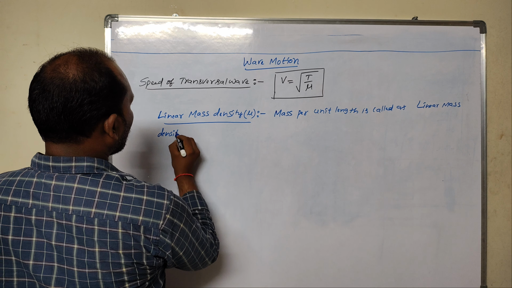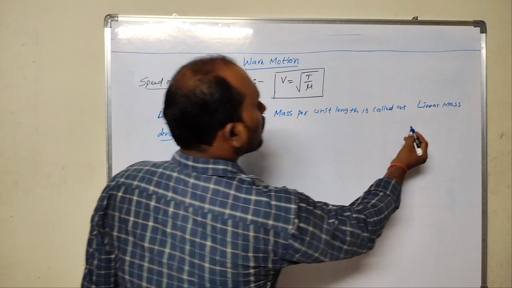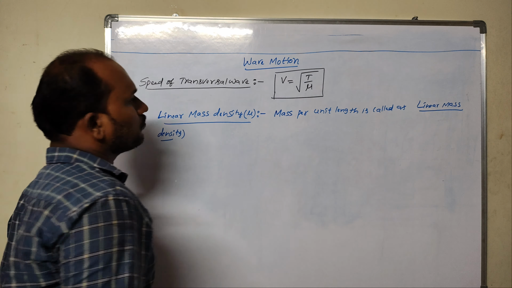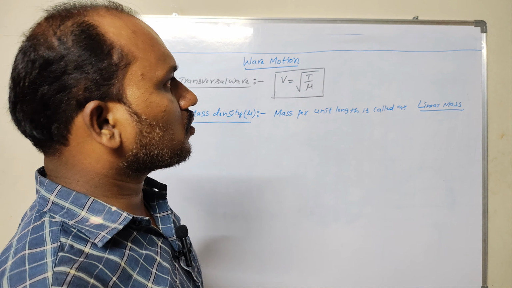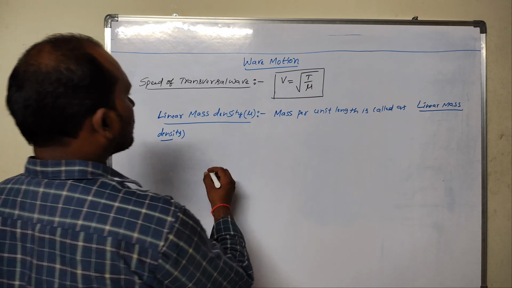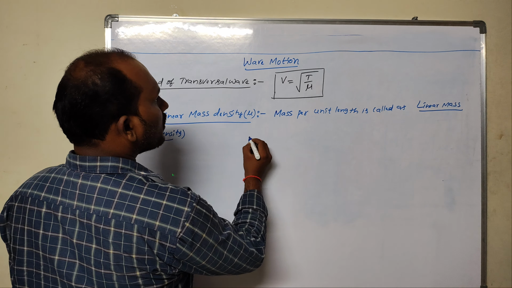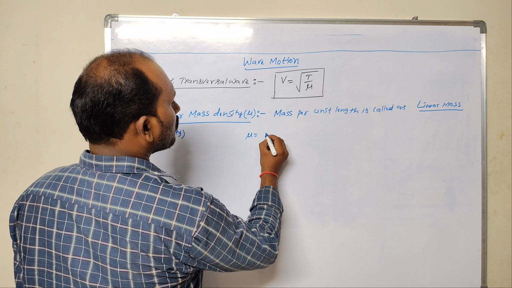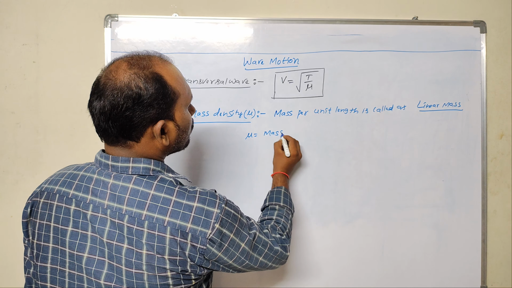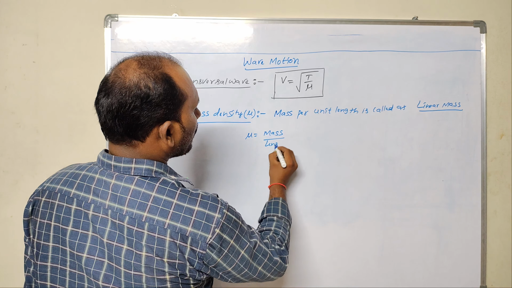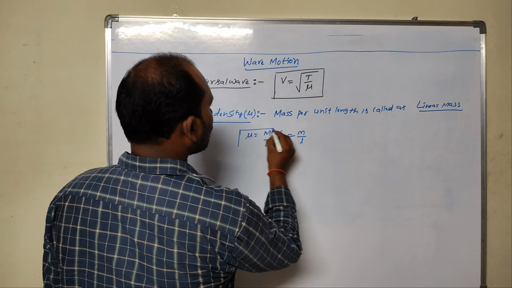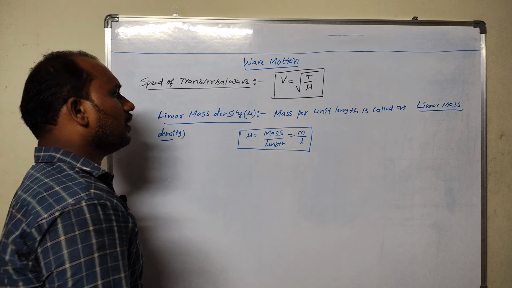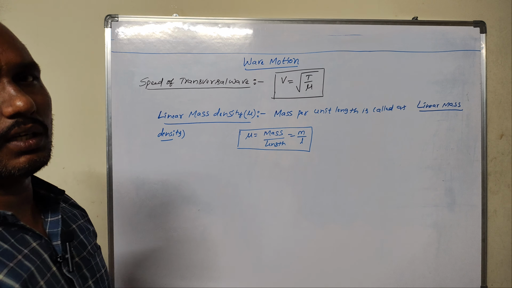The formula is mu is equal to mass by length, which is small m by small l.